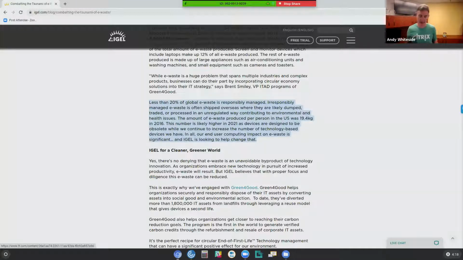I started to argue and challenge that. The article here says 20% of global e-waste is responsibly managed and taken care of. The idea that someone would think their entire organization didn't have a single individual who did the wrong thing is just an astronomically absurd thought to me.